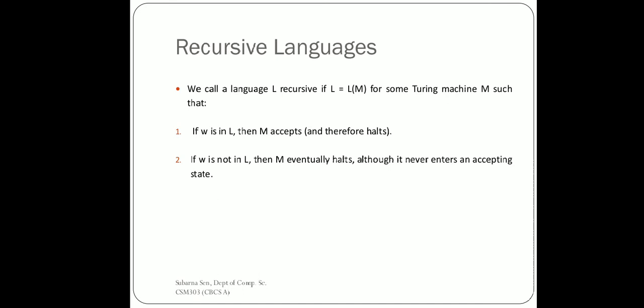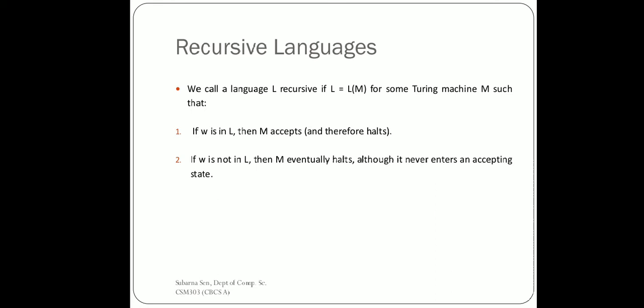Now, if we have to define recursive languages, we define it like this. We have a language L. It is recursive if it is the language of some Turing machine M. When is it a language for the Turing machine? If these two situations hold.